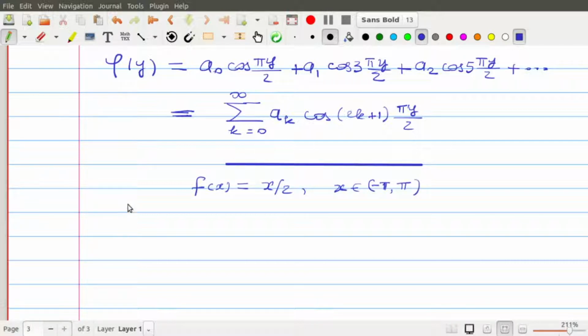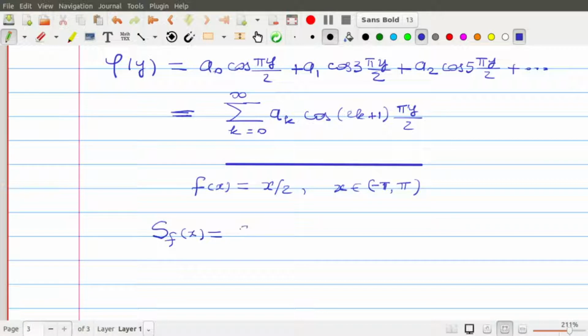Okay, so if we write the coefficient, first of all, let me write the general expression of our Fourier series of the function f.